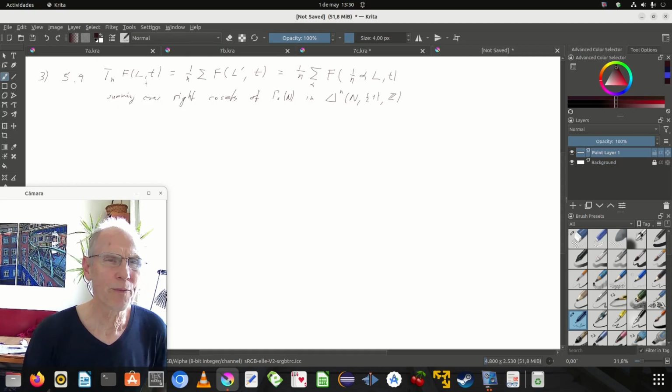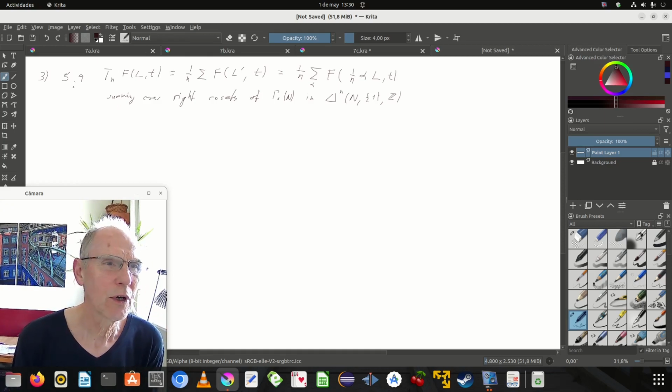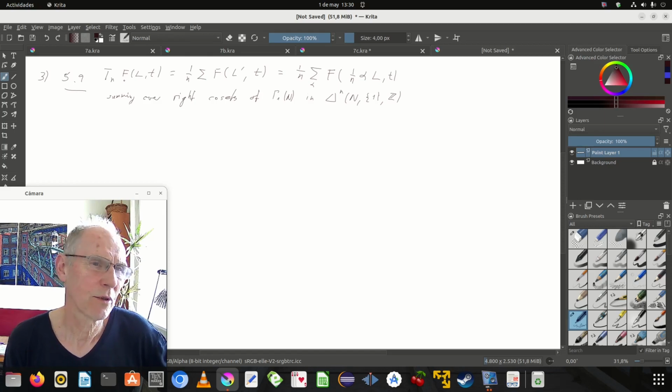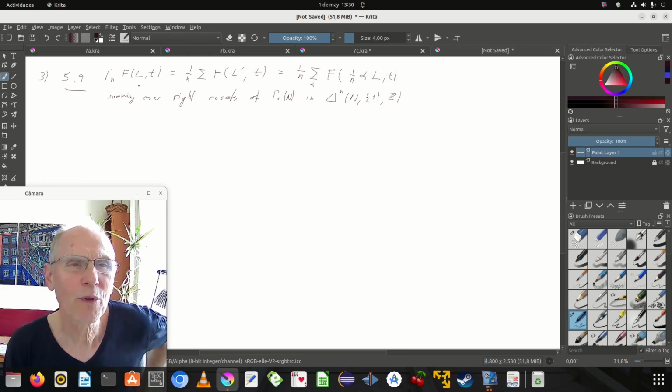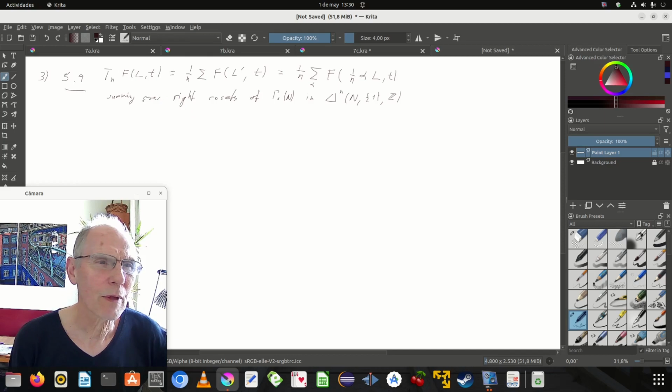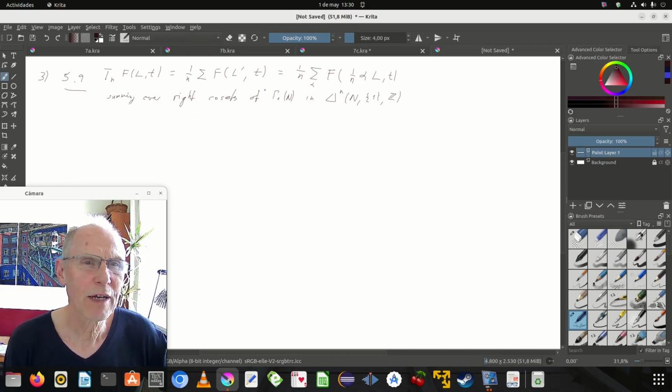We should use what we've found on formula 5.9, where the definition of Tn on a modular function on the lattice and on the modular point is defined.